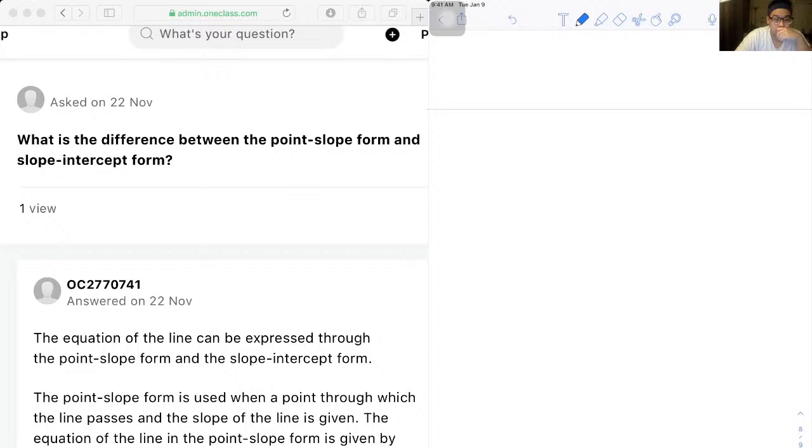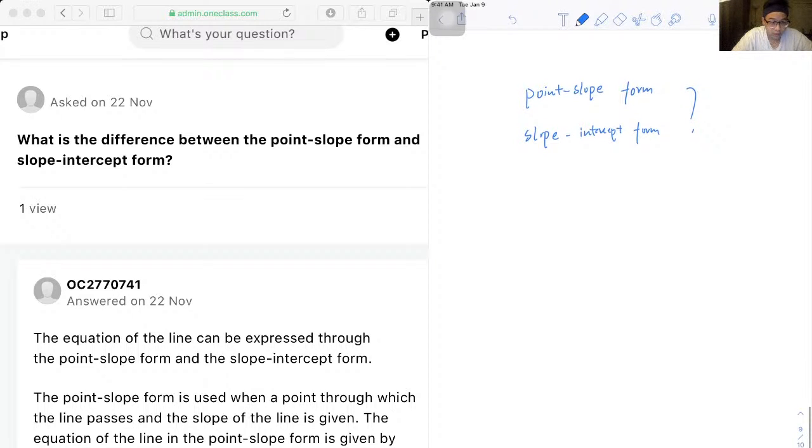So our next question is asking us the difference between point slope form and slope intercept form. First, we know that the equation of a line can be expressed in both ways.